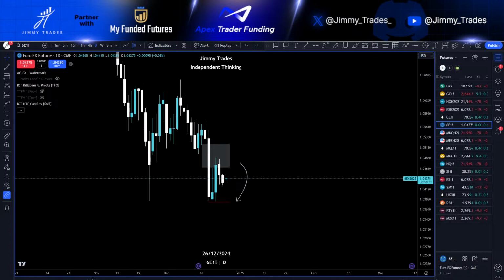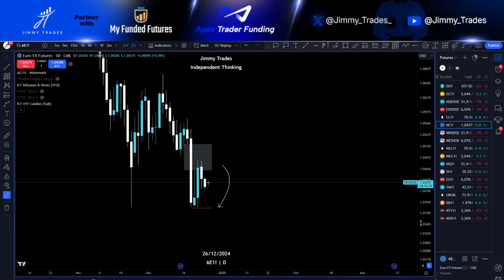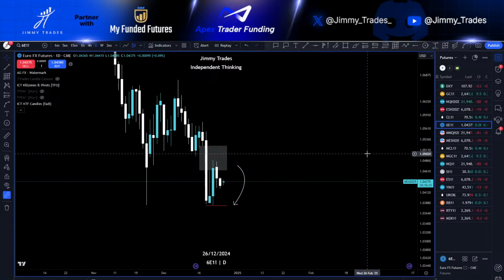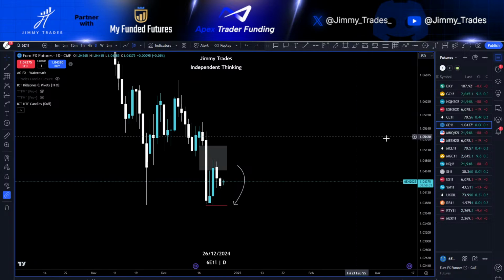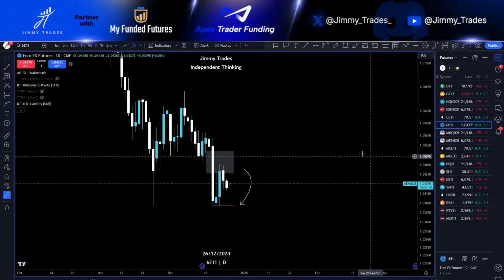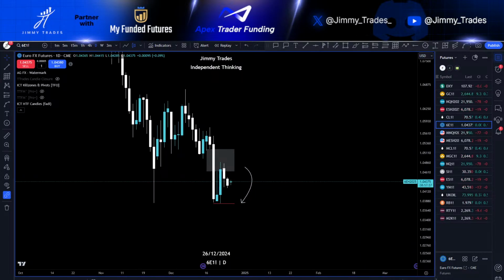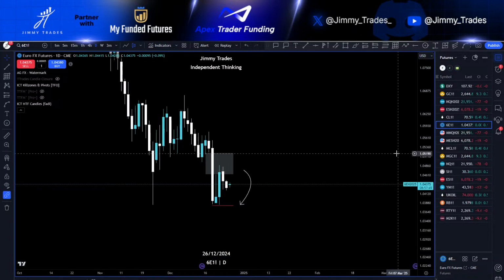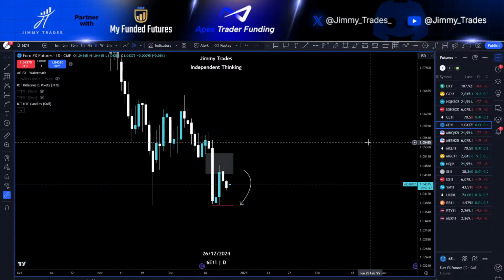So you wouldn't be able to trade both accounts like that. And even if you were trading My Funded Futures and had 3 accounts with them, you'd have to physically change each account to try and execute the same trade across each one of those accounts.